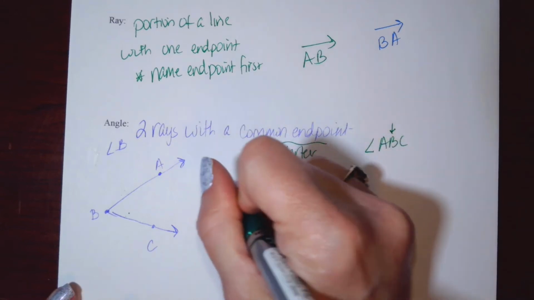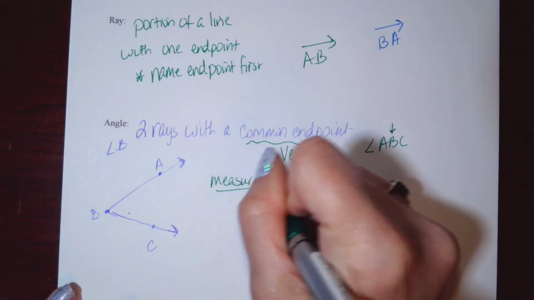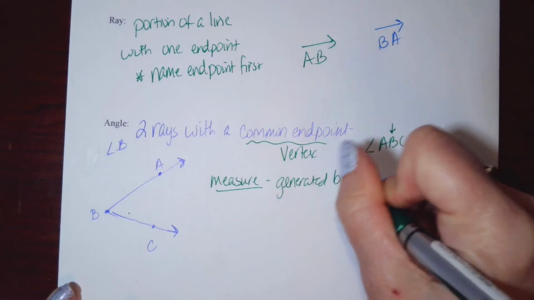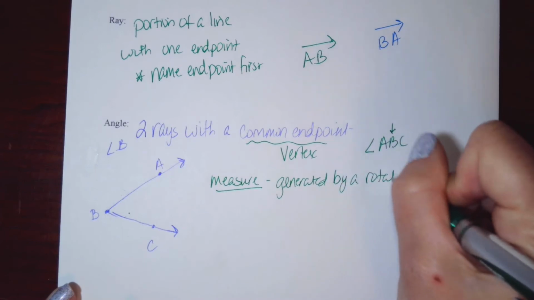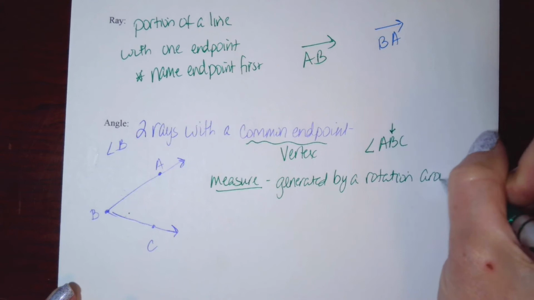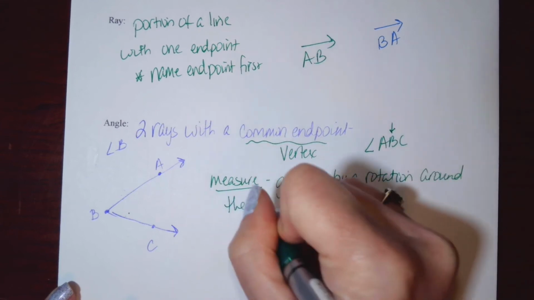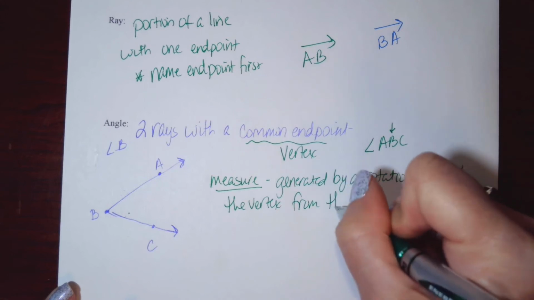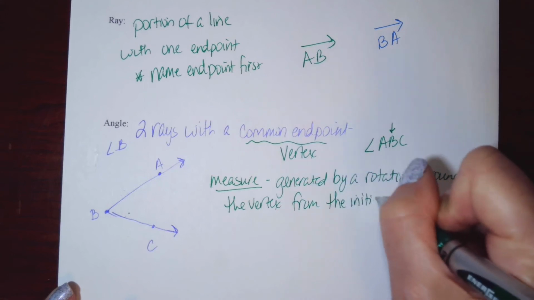The measure of an angle is generated by a rotation around the vertex from what we call the initial side to the terminal side.